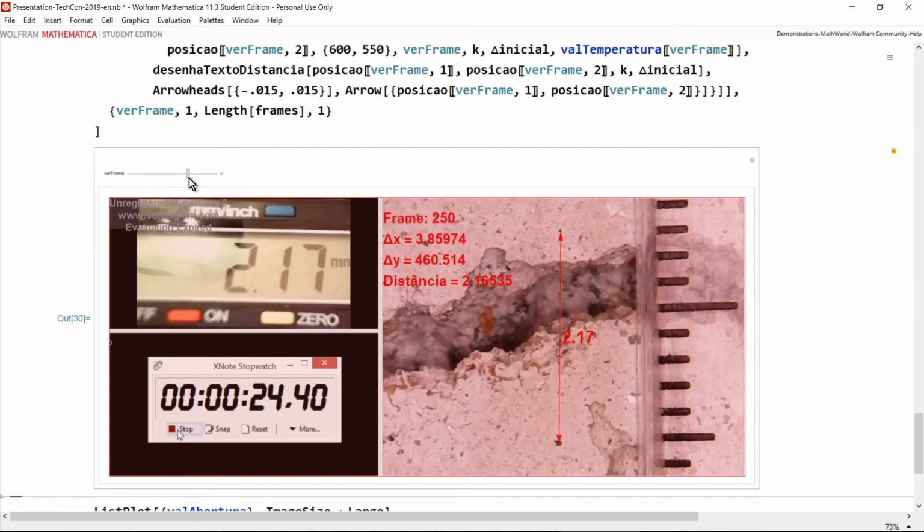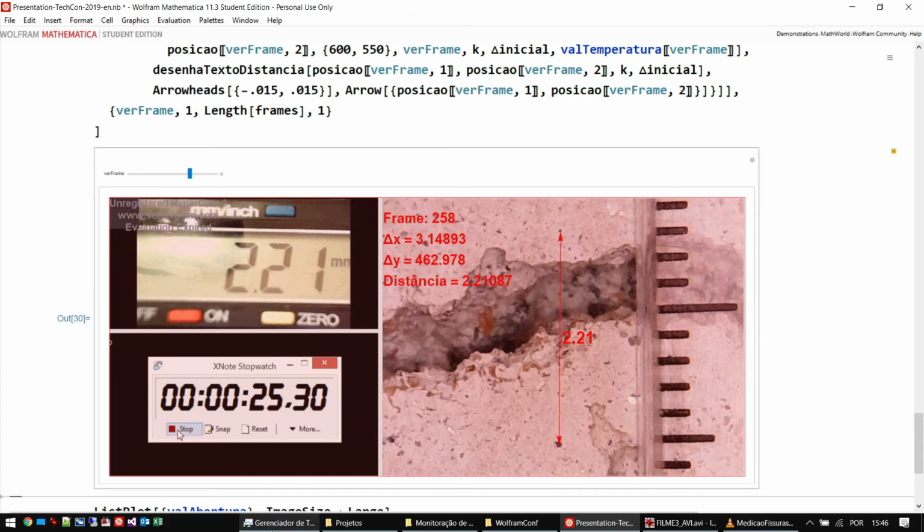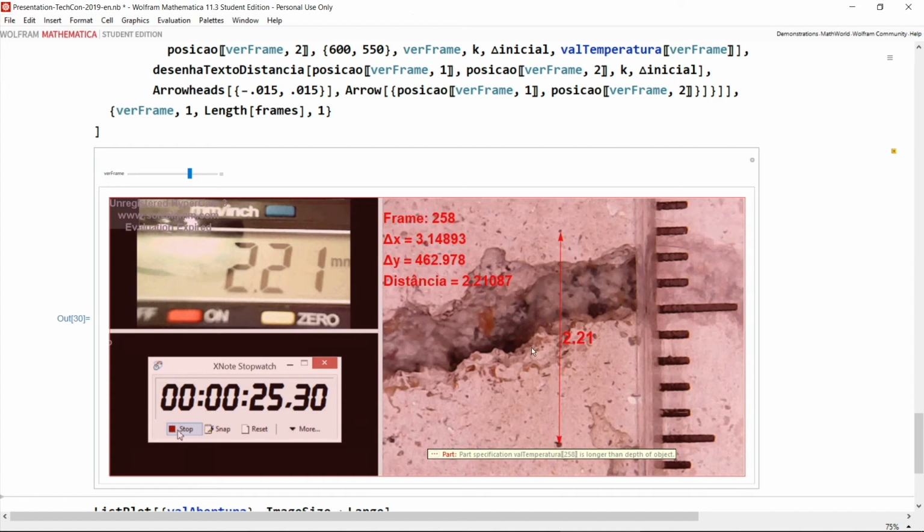We can see that the value measured by Mathematica is the same as the caliper. We did this with a steel frame that holds a piece of concrete, so we can adjust the width of the crack, and we measured it with this digital caliper, and the results were very good.